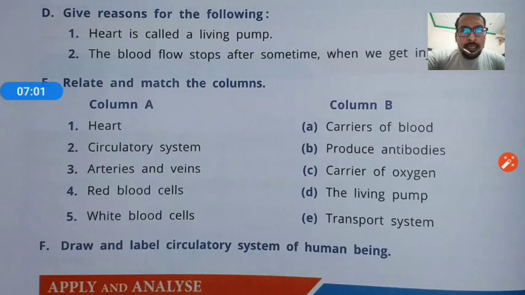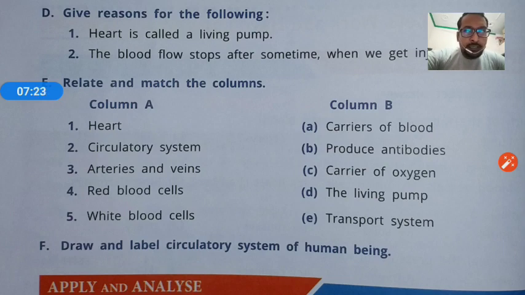In column A, number 1 you have heart, and in column B, D, you have the living pump. The heart is the living pump. So this is the matching. Then number 2 in column A, circulatory system. What is the circulatory system? The transport system.